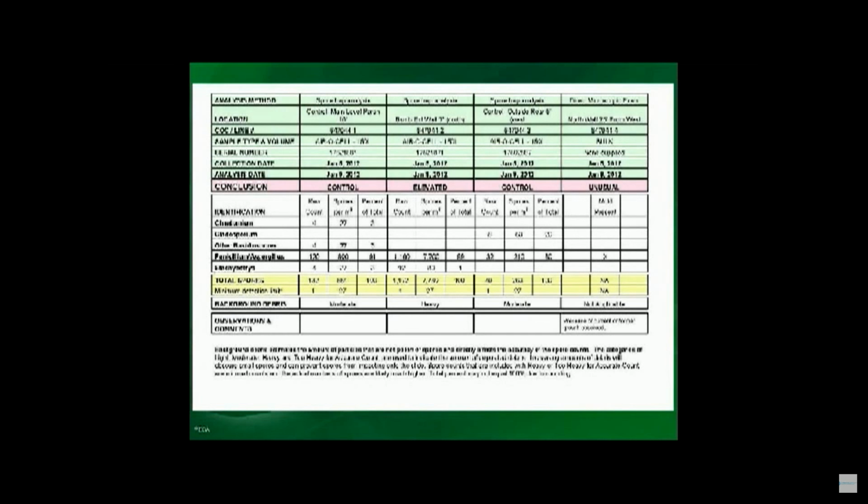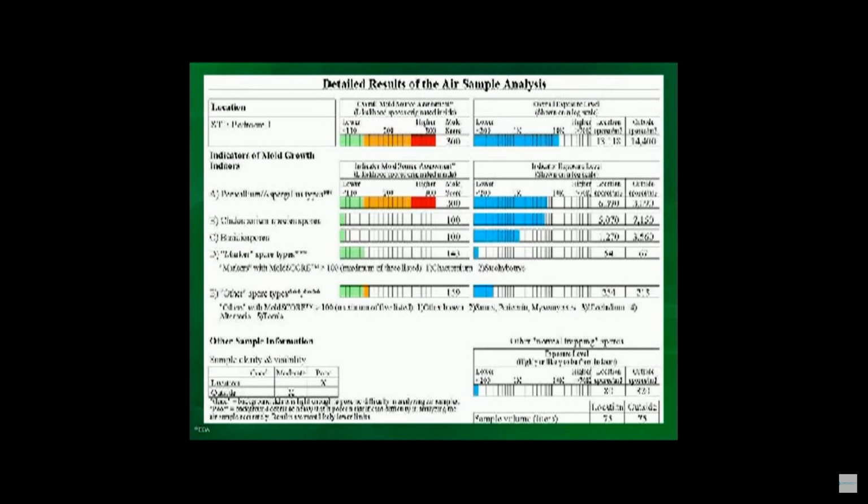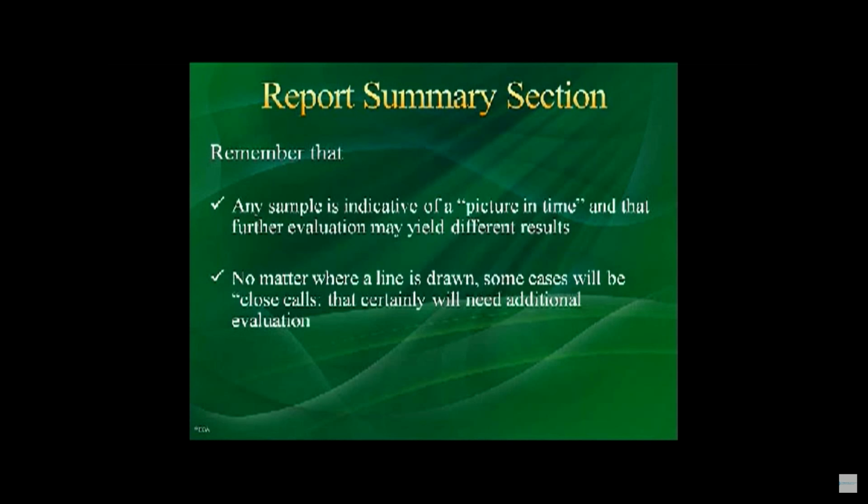Here's another type, very colorful, and gives you a mold score. This is direct samples. As you see, there's no growth found, then there's low to start to be moderate. All summaries in a lab report will have some type of idea of, here's your interpretation of what that mold is.